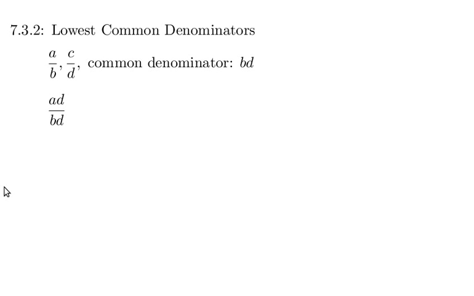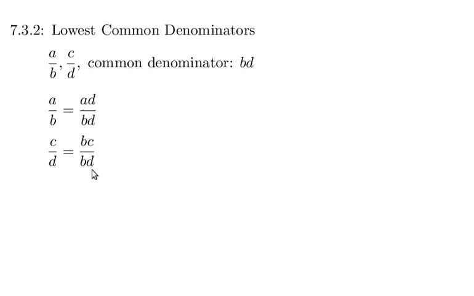So A over B is the same thing as AD over BD, and C over D is the same thing as BC, to put it in alphabetical order, over BD.